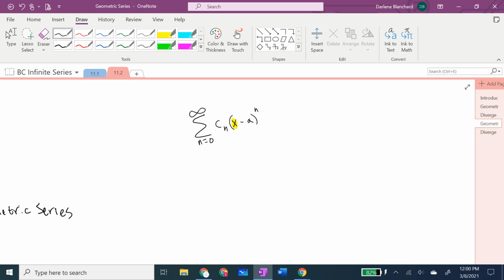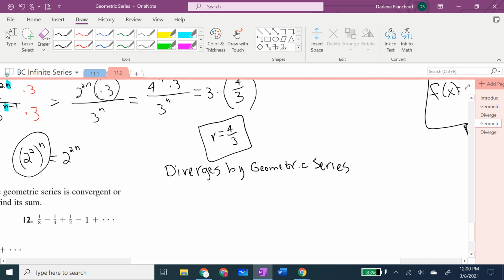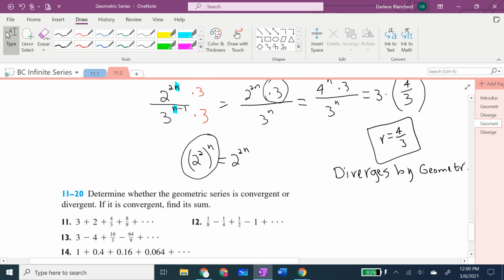We need to know the domain of this function. When x is put into the mix, we have a function. Right now, we are dealing with infinite series being equal to a single number. We have an infinite series of constants that we're adding together, and those constants follow a particular pattern.